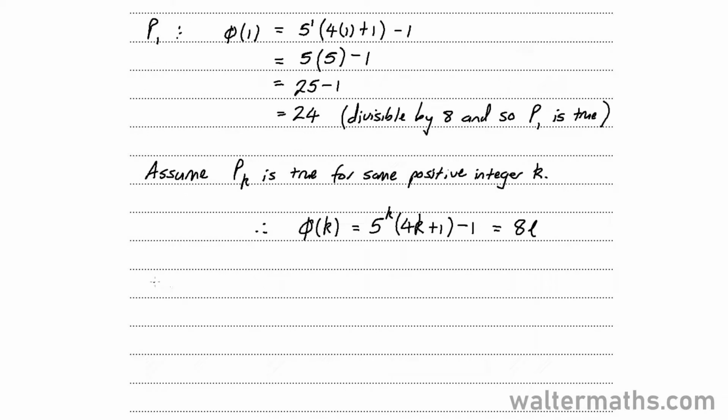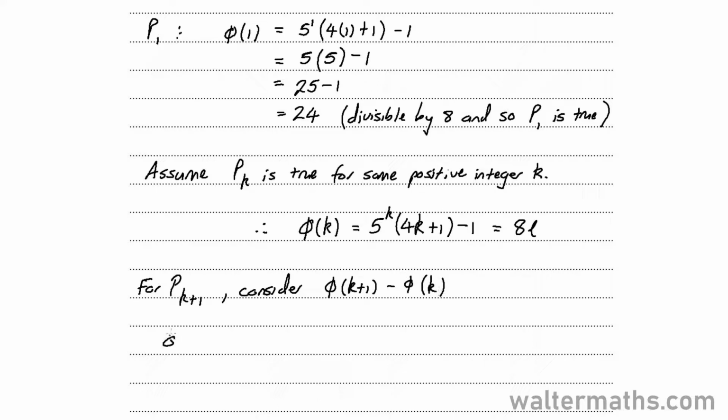We go on to the next step where we are going to say now, for P sub k plus 1, let us consider phi of k plus 1 minus phi of k.